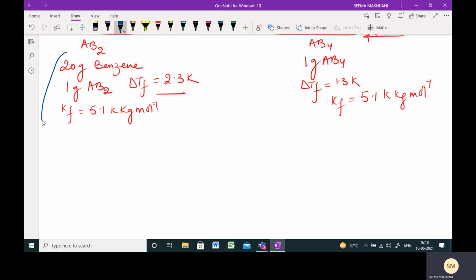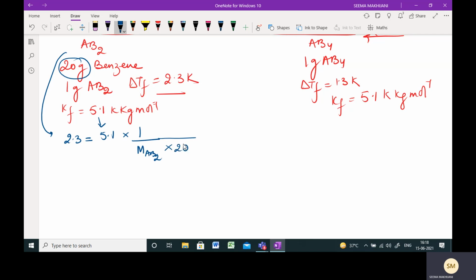Now for AB2, the values are 2.3 delta TF is equal to KF is 5.1 and you have molality. Molality is weight of solute is 1 gram upon molecular mass of solute तो हमारे पास है ही नहीं. So molecular mass of AB2, we do not know that, divided by the weight of solvent. Now what is the solvent? Benzene.